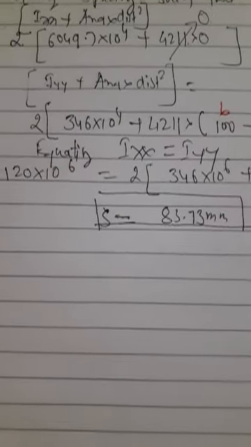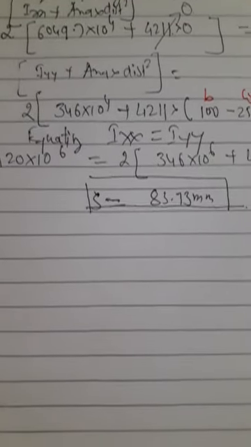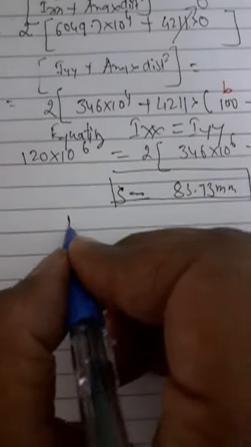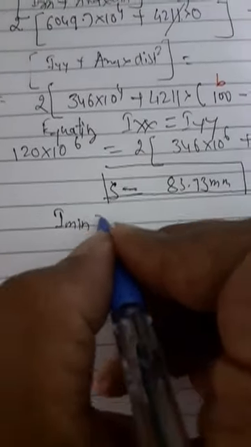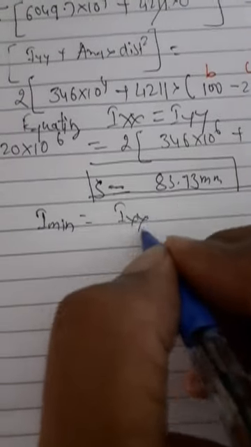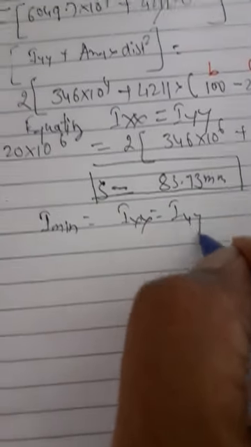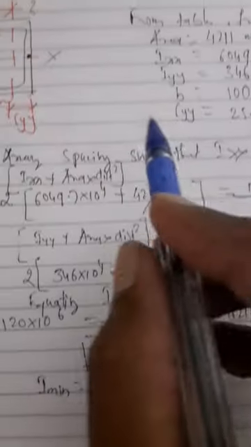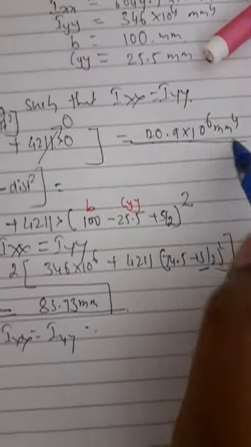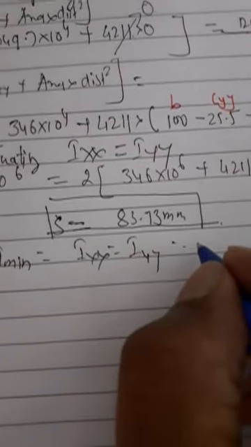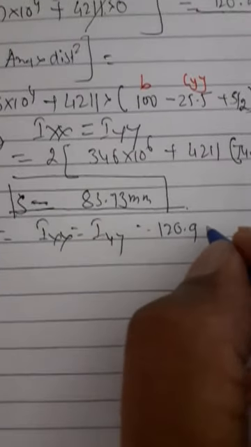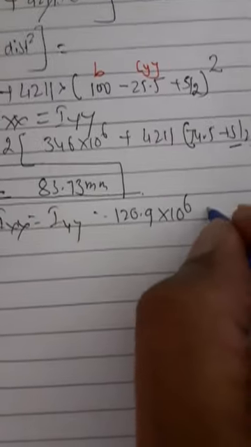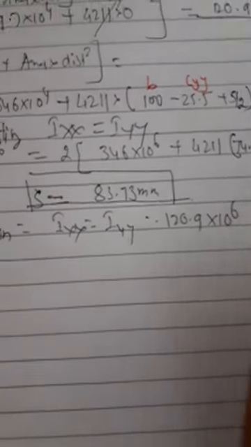Now my column section is designed. Now I have to check its load carrying capacity. So I minimum is equal to IXX is equal to IYY, any one value which you know. Already I know the value of IXX, 120.9 into 10 raised to 6 mm raised to 4.